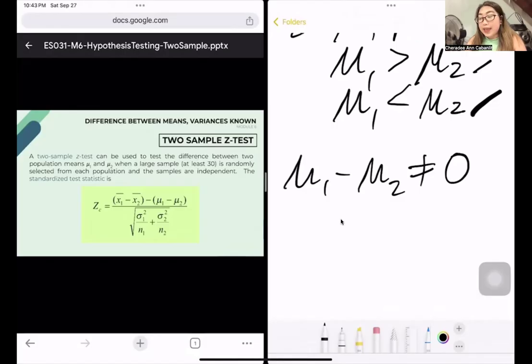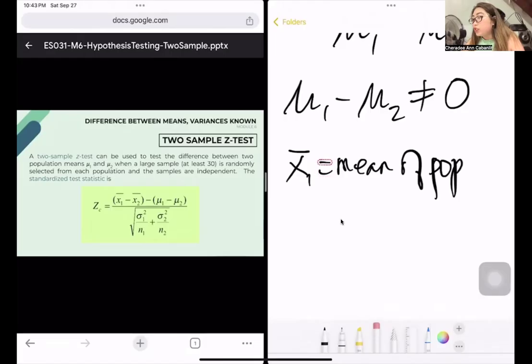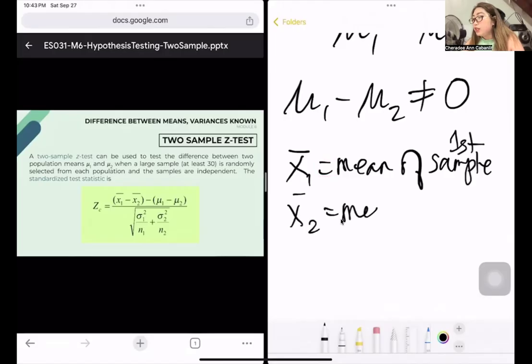Here, x bar 1 is the mean of the first sample, while x bar 2 is the mean of the second sample.